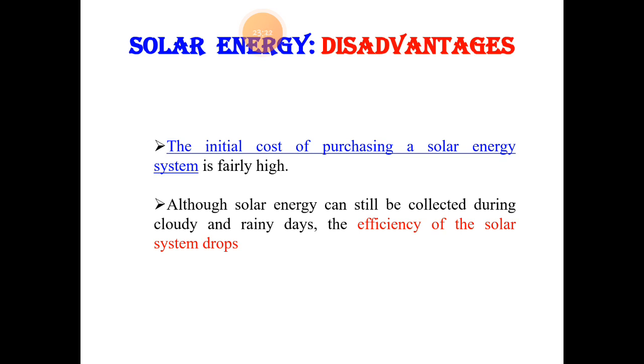Next are the disadvantages of solar energy. The major disadvantages are: number one, as we have understood earlier, the cost of installation of a solar plant or panel is very high. The next is that the efficiency of a solar power system reduces during rainy and cloudy seasons.